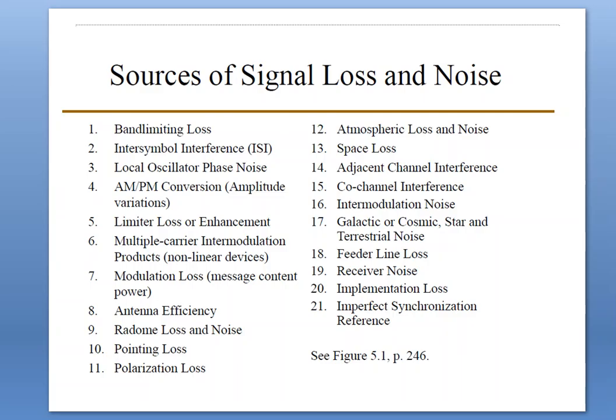All systems use filters to ensure that the transmitted energy is confined to the allocated or assigned bandwidth. This is to avoid interference with other channels or users and to meet the requirements of regulatory agencies.